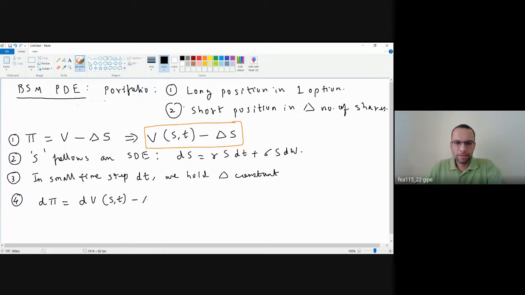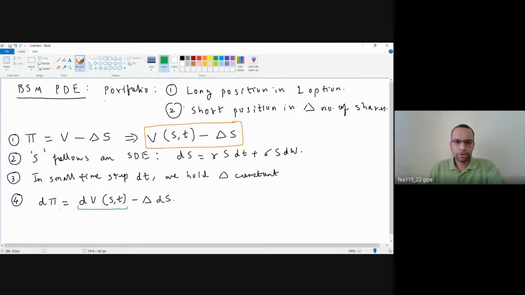As a first step, let's work on solving this dV of S, t. The other portion is easy: dS, I have to simply plug in the values.